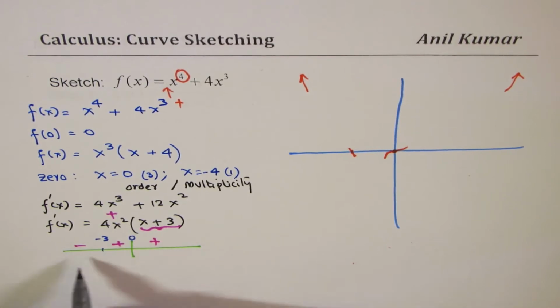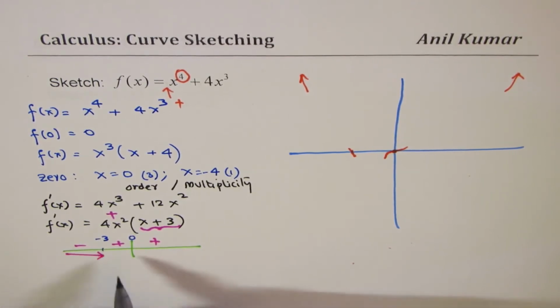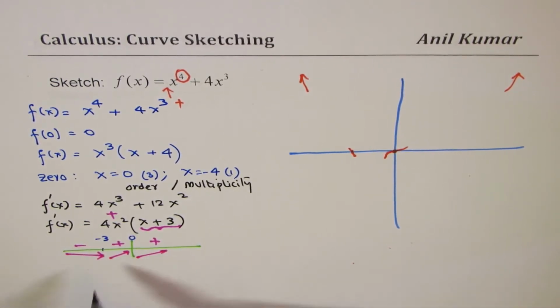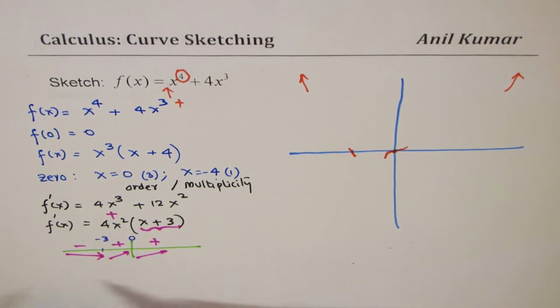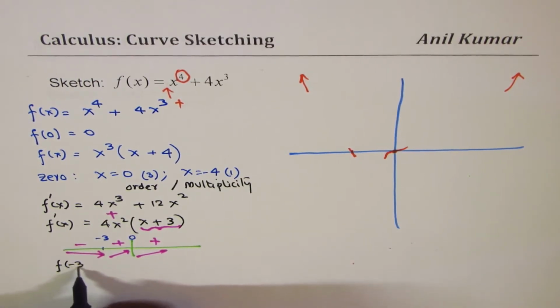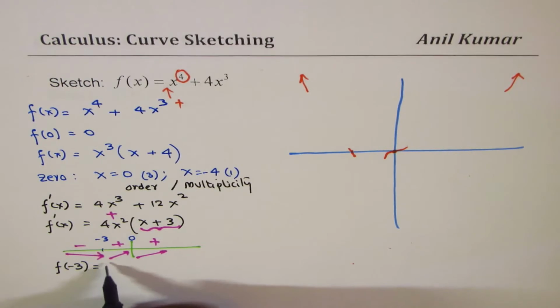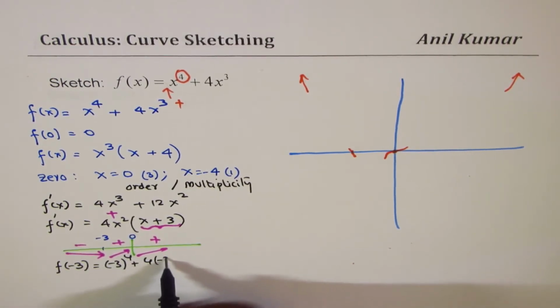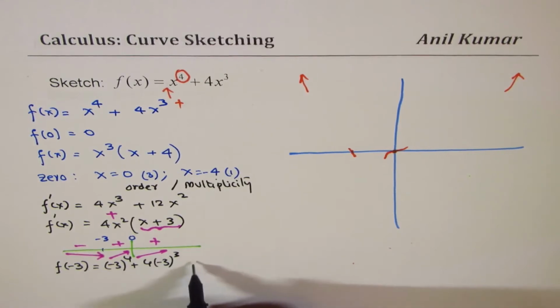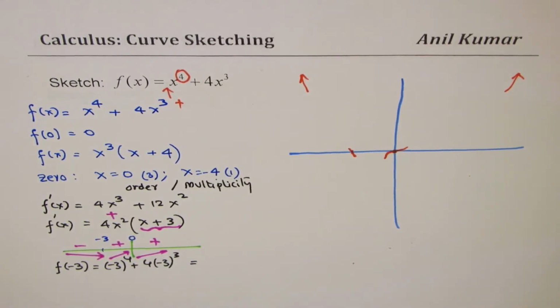That clearly indicates that the function goes down, up and up. So that gives you a local minimum at minus 3. Does it make sense? So you can find the value of the function at minus 3. If I substitute minus 3 here, I get the value for the local minimum, right?